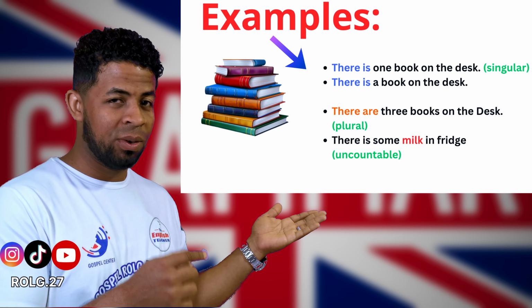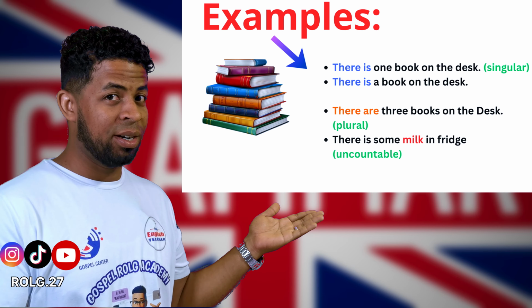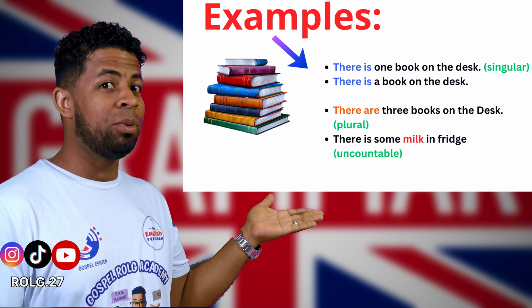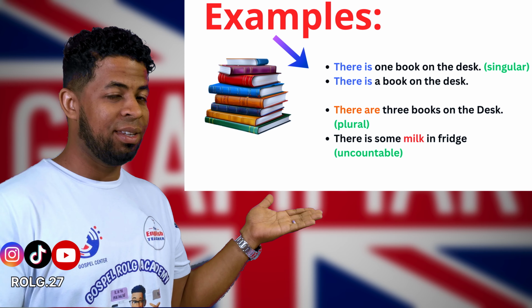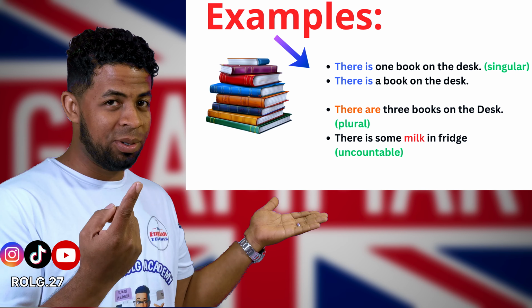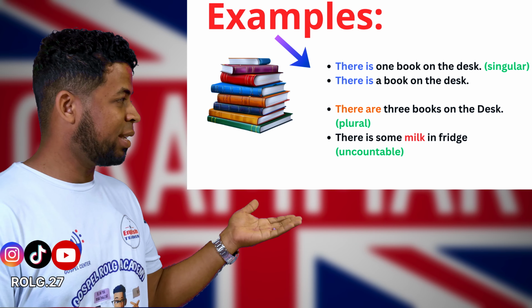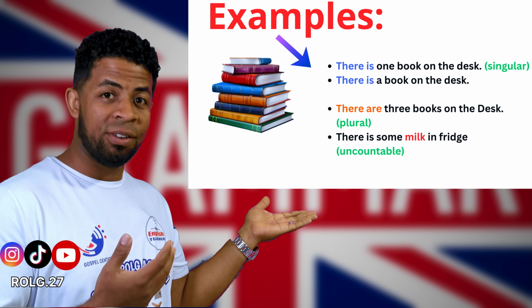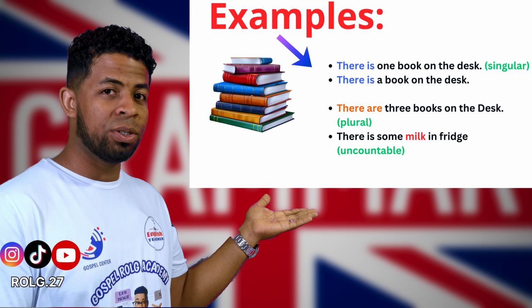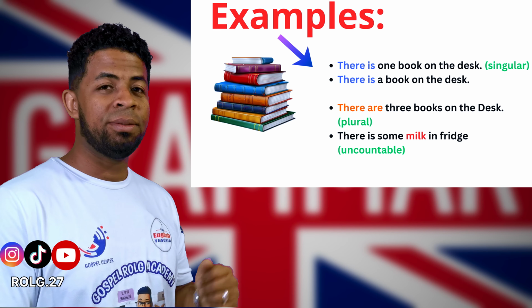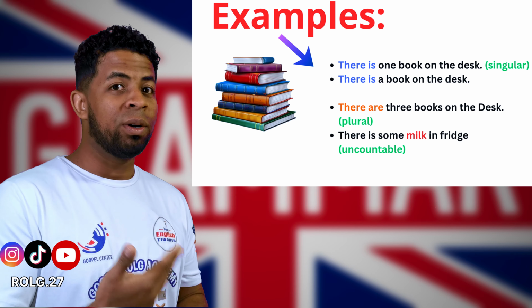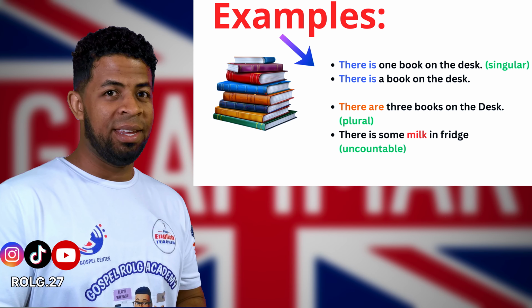One book and it's singular, or there is a book on the desk. This is still one book, yeah? And the other example is there are 3 books on the desk. It's because it's more than one book on the desk, yeah?